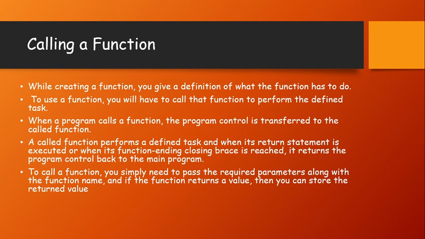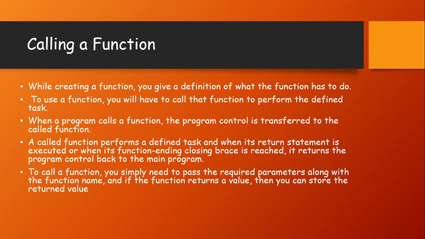When a program calls a function, the program control is transferred to the called function. A called function performs a defined task, and when a return statement is executed, or when its function-ending closing brace is reached, it returns the program control back to the main program.